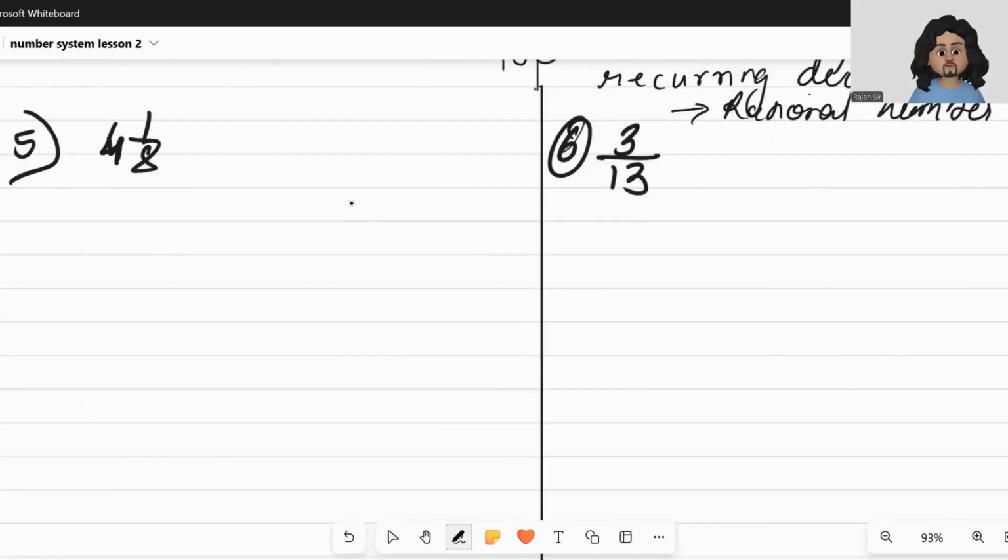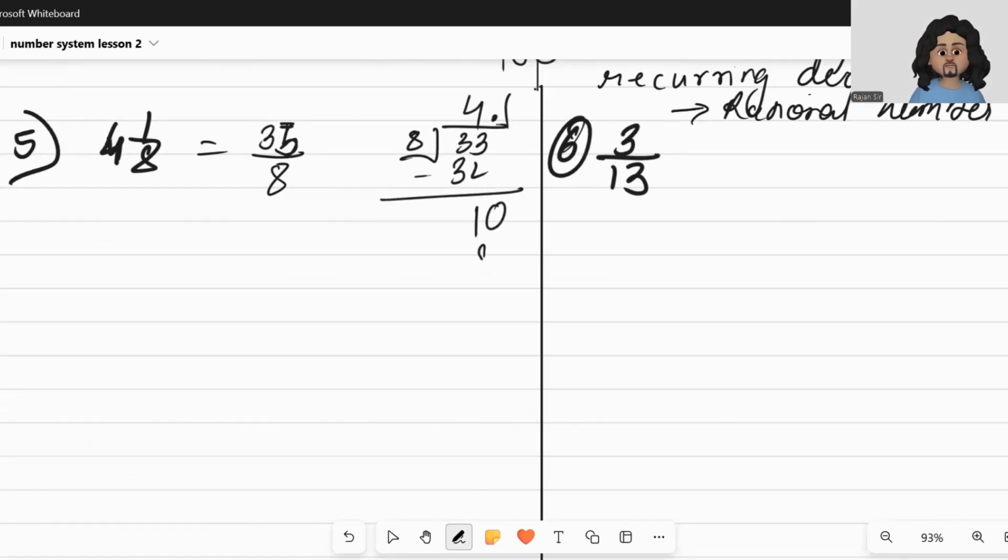4 and 1 by 8. So basically we have 32, 33, so we have 33 by 8. Or you can take the decimal form of 1 by 8 and then multiply by 4. I think this one is much better. So you have 33 divided by 8, and 4 eights are 32. Take the point, 0, 1 eights are 8, 2 eights are 16, 4, and then 5, 40.